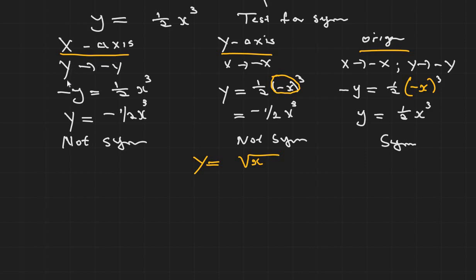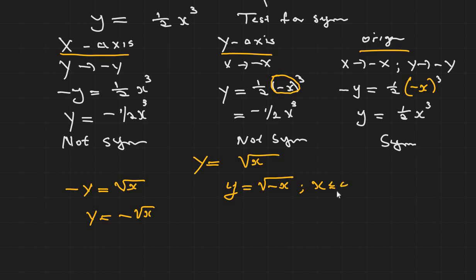So we know for the x-axis, we're going to swap y for negative y. So we're going to have negative y is square root x, so y will be negative square root x. Okay, for the y-axis, we're going to swap x for negative x, and we're going to find this. Be careful here. We're going to do domain and range, that's the next part we're going to do now. Some people will now say this is undefined. But you must be careful because x can be less than 0 here.